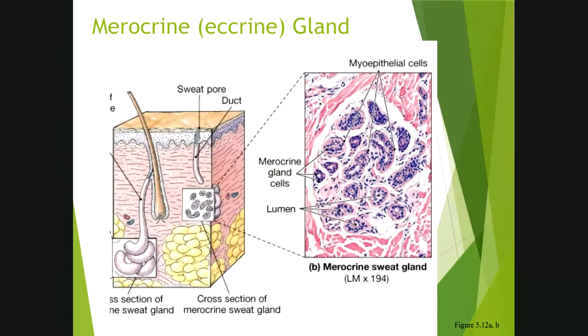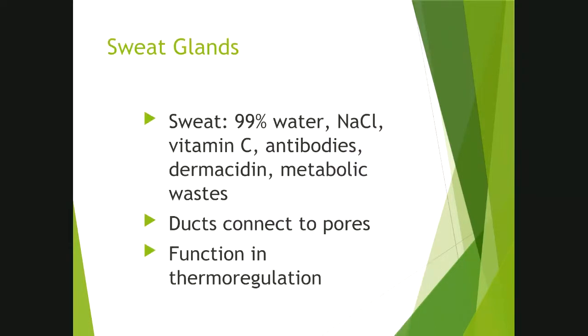Here's what they look like again. There's our tight little ball. So if we look in the sweat, are we going to see any cell parts? No cell parts. What we're going to have is water and salt, some vitamins, some waste products, but no cell parts.